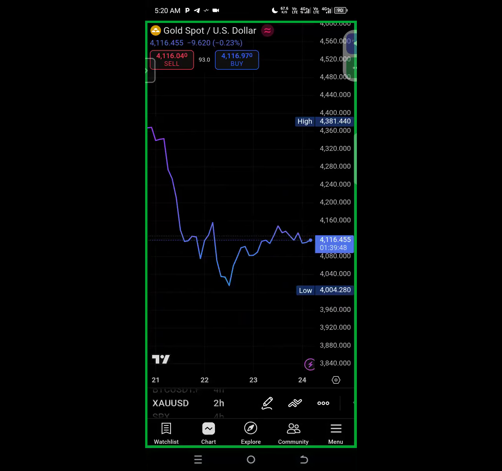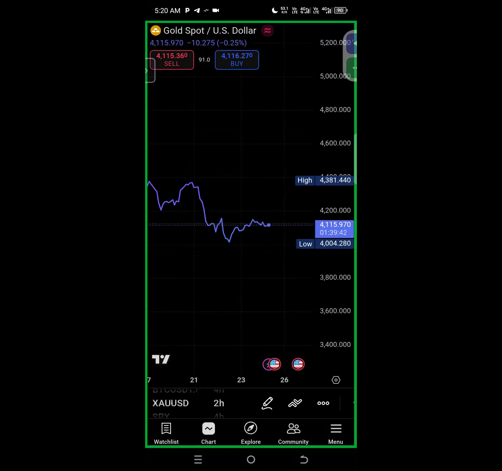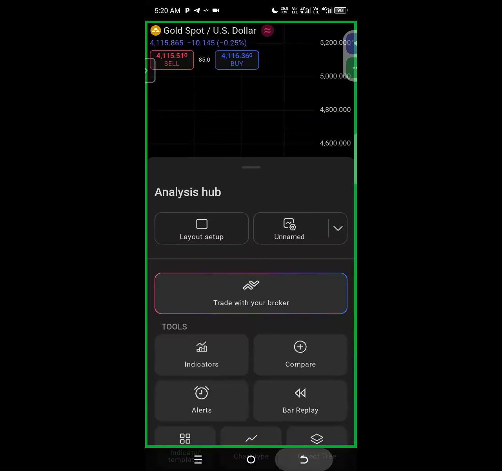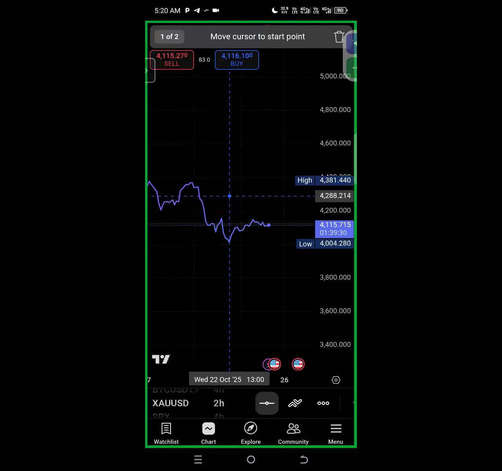I don't know if I'm speeding, but I have to. So get to know how to use the lines. So first, come to horizontal, draw this here.